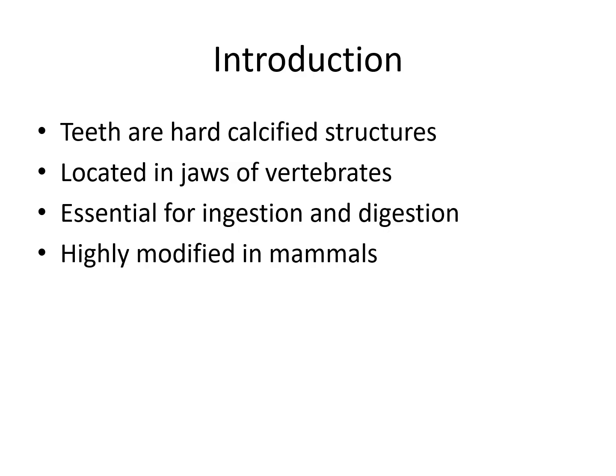They play a vital role in the ingestion and initial digestion of food by cutting, tearing, and grinding it. In mammals, teeth are highly modified and specialized, reflecting their diverse feeding habits and adaptive evolution.